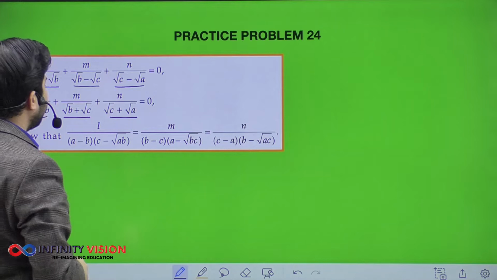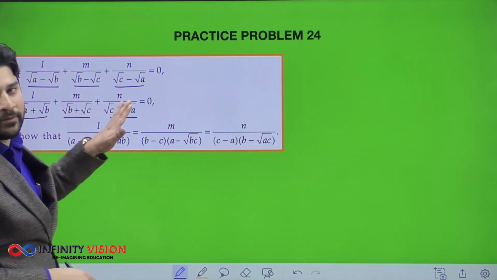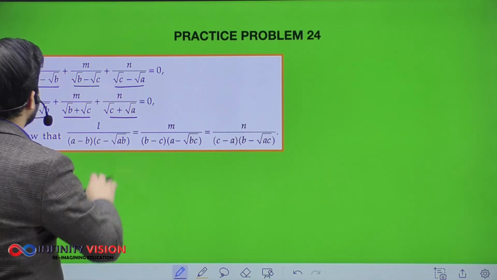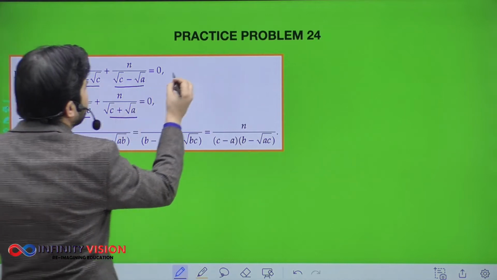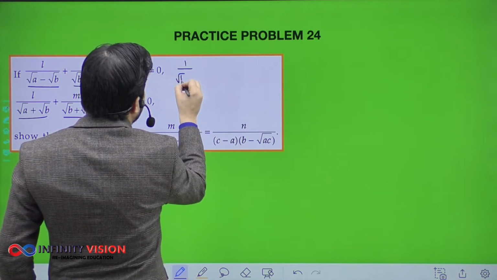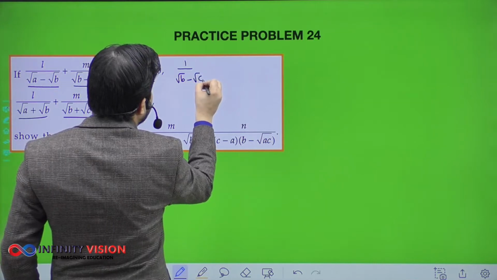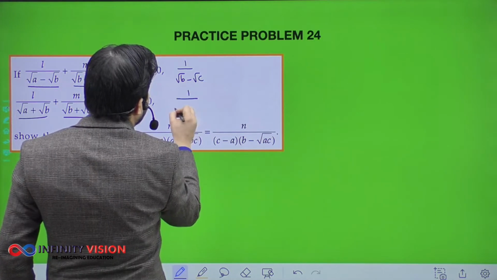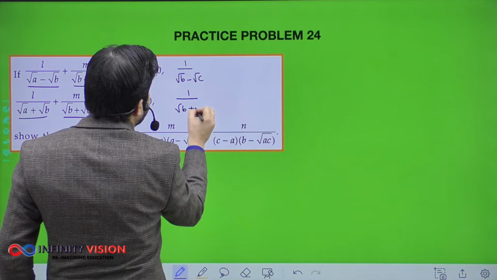So if I try to write the cross multiplication multipliers, I'll begin with the second term coefficient, and this would be 1 by root B minus root C, 1 by root B plus root C.